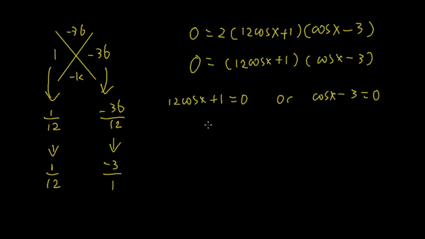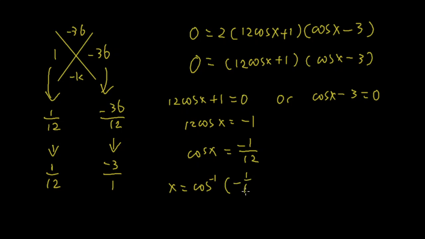Now we have to see, is there a value for cosine of x? In that case, 12 cosine of x is equal to negative 1. We subtract 1 from both sides. Then cosine of x is equal to negative 1 over 12. Then x is equal to cosine inverse of negative 1 over 12. If you put that in the calculator, you will get 94.78.